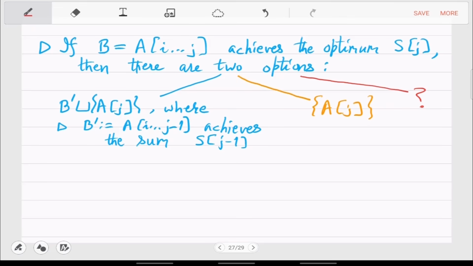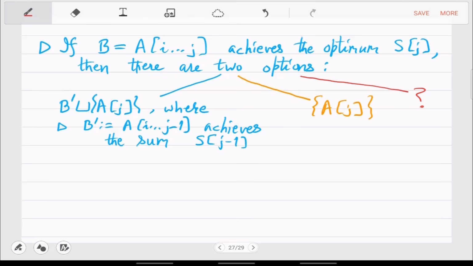This is what you have to observe here. Either you will take the singleton array Aj, or if you want something before that, the part before also has to be a subarray, and then you will try to maximize the sum there, right? Which is actually the definition of Sj minus 1 itself. Sj minus 1 exactly achieves that.